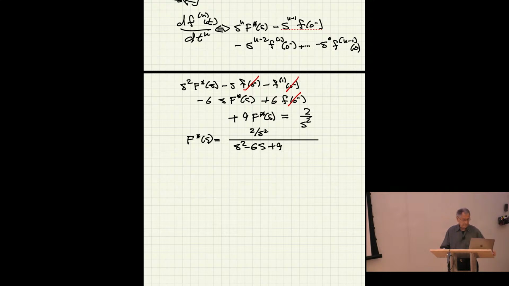And if I multiply by s squared upstairs and downstairs, I'll get 2 over s squared times s minus 3 squared. In other words, the roots of this denominator, it's a double root at s equals 3.